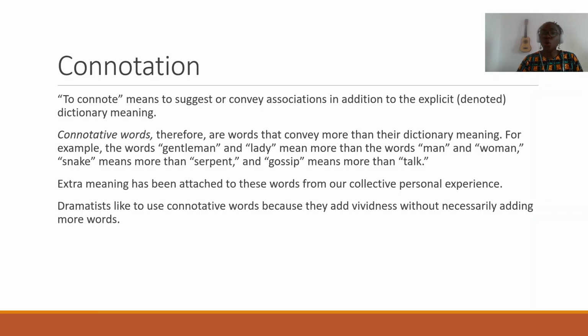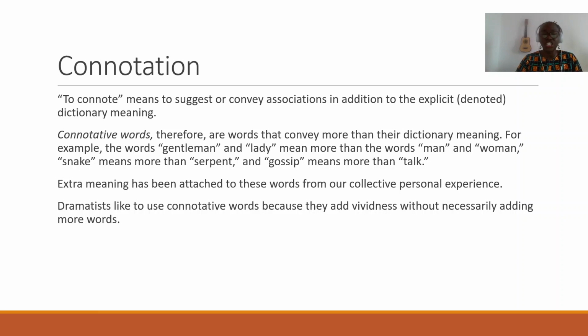When you find people talking, you say gossip, there's a bigger meaning. It means they are doing more than talking. They are slandering. They are coming up with their own ideas about why certain things are happening and pushing those ideas forward, saying things that they are not supposed to say. So gossip means more than talk.